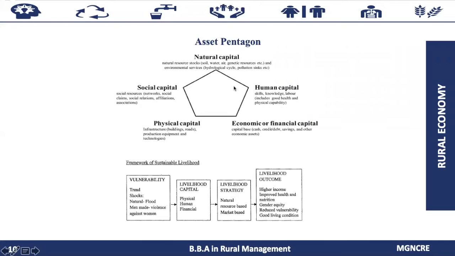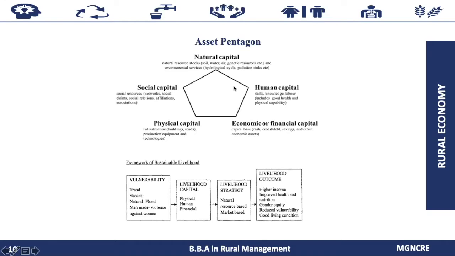When we talk about the framework of sustainable livelihood, we see terms such as vulnerability. When we talk about vulnerability, trends and shocks are the key elements in the vulnerability context. They can have either a positive or a negative effect on livelihoods. Trends involve changes that take place over a longer period of time, and shocks are usually sudden events that have a significant impact, usually negative, on livelihoods.